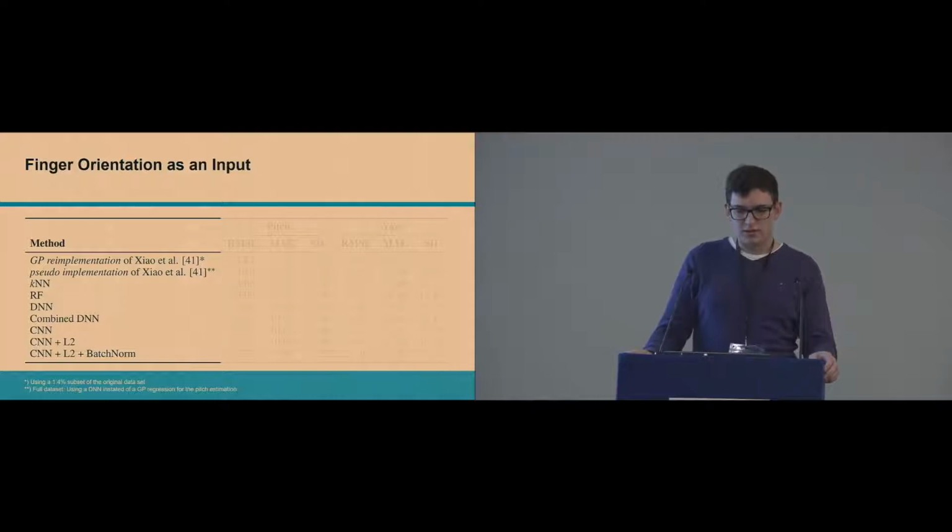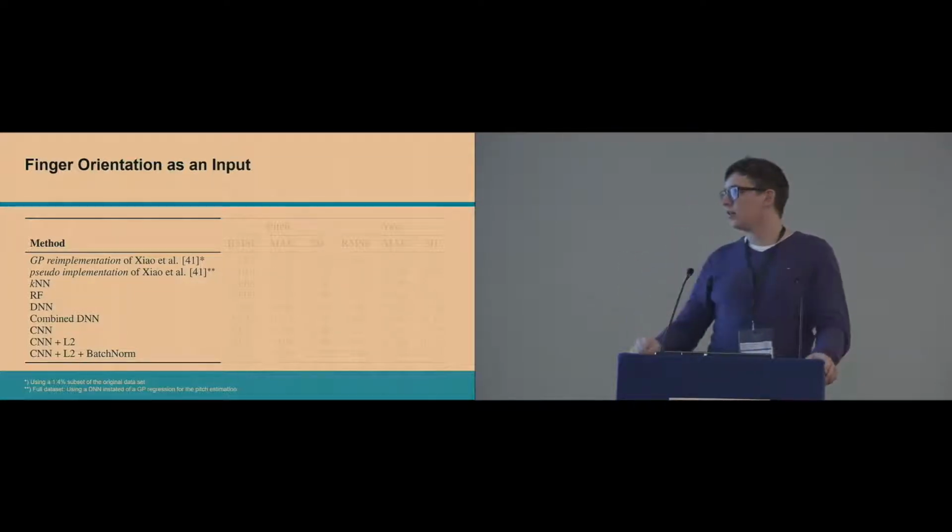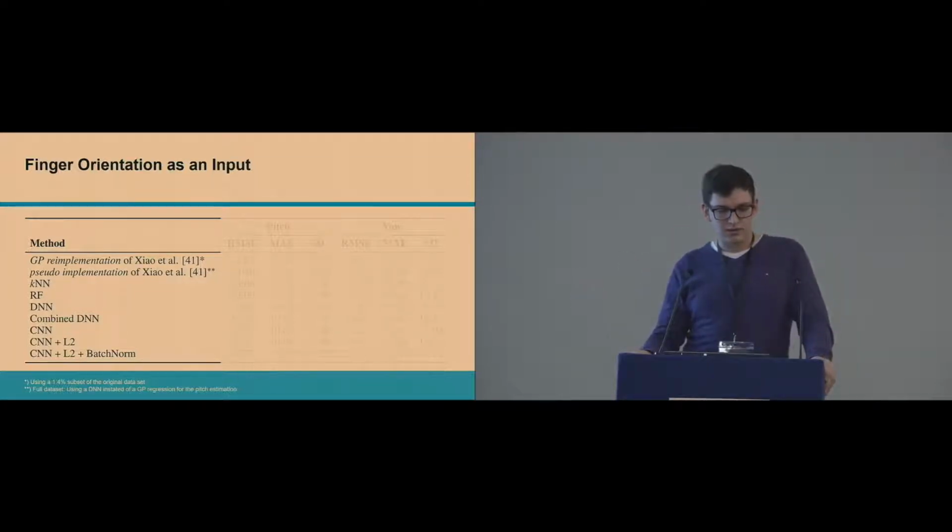So we trained a combined deep neural network with two output neurons for pitch and yaw. The three CNN models at the bottom of the slide are all combined; they all train pitch and yaw at the same time, as this worked out better for us. And then we tweaked the CNNs with L2 regularization and batch normalization.